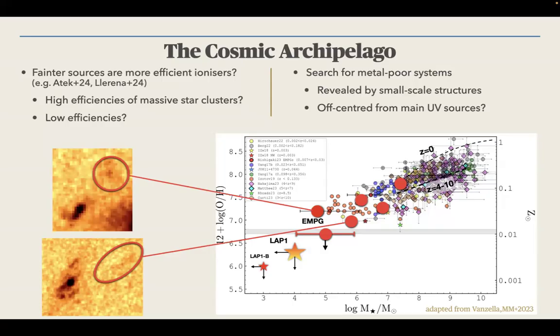We got the idea of the metallicity by looking with the IFU at the main sources, where we were able to see line emission in these regions. Then we also recognized that we got a counterpart in the rest UV. But again, this tells that it's very important to look at the faint and small scales in order to see, in this case, low metallicity sources.